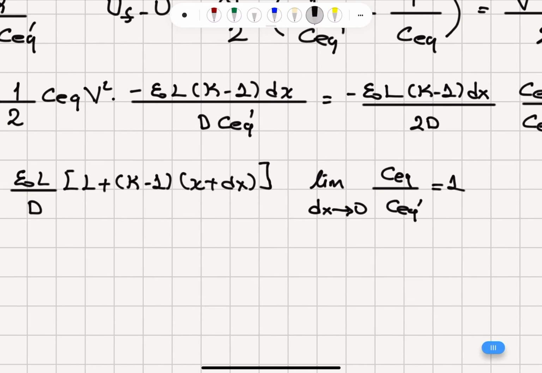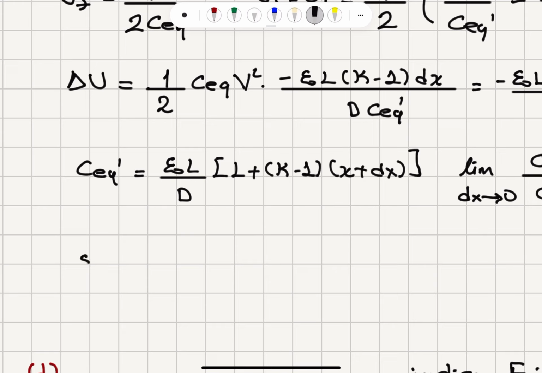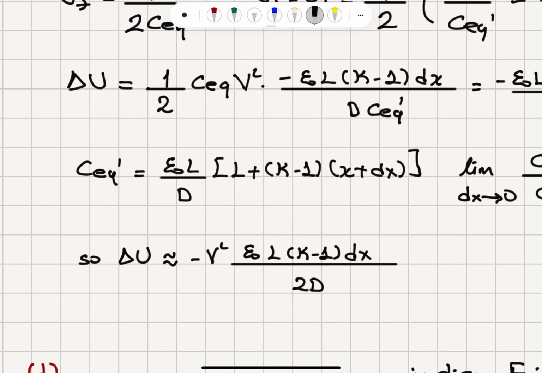So I can approximately say that delta U is approximately minus V squared epsilon 0 L (kappa minus 1) dx divided by 2d.